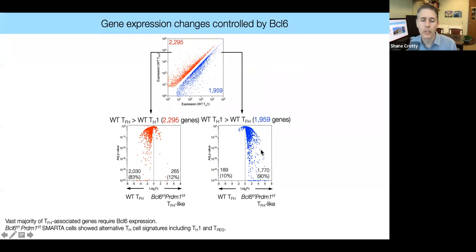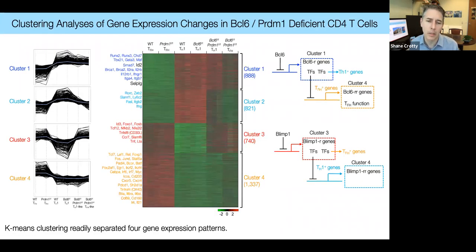And first of all, when we did all this gene expression analysis, we could see that the bulk of TFH gene expression did depend on Bcl-6, because when we deleted Bcl-6, there was a huge shift in the gene expression that was associated with TFH biology, and same thing with BLIMP1.